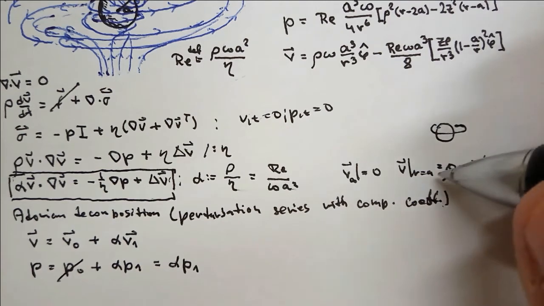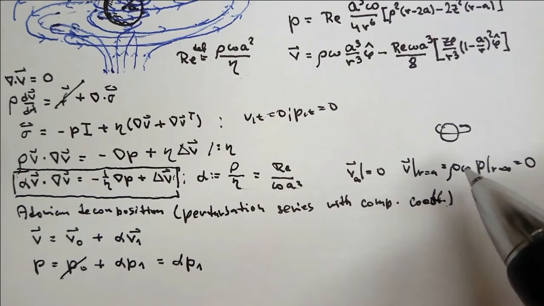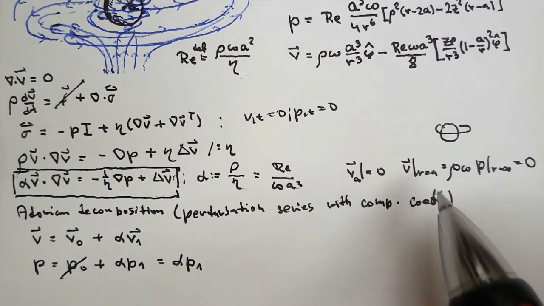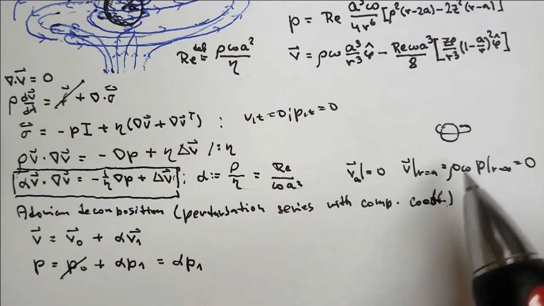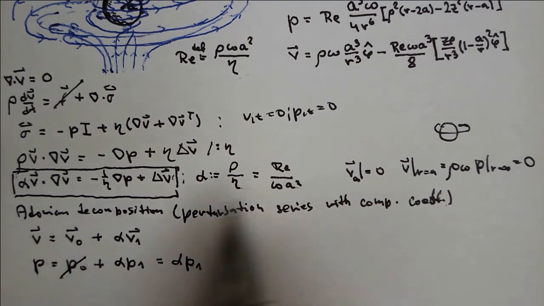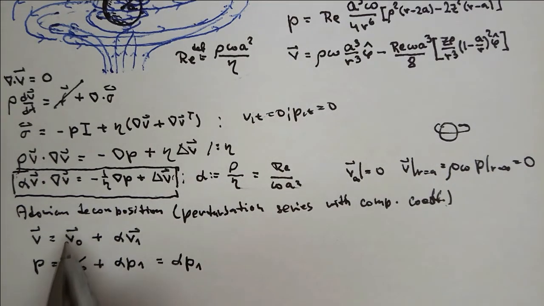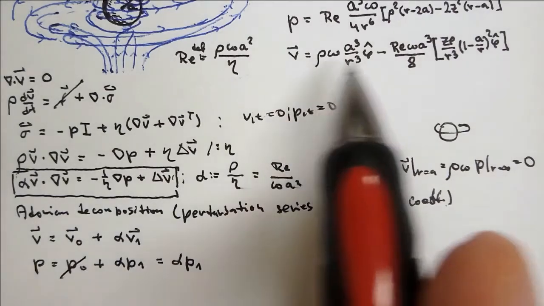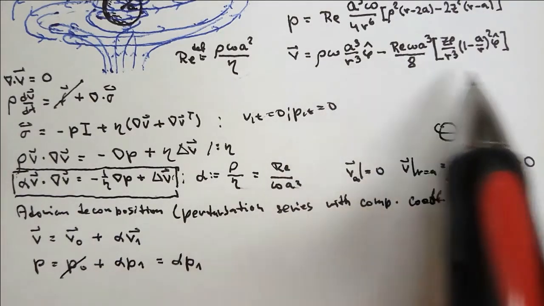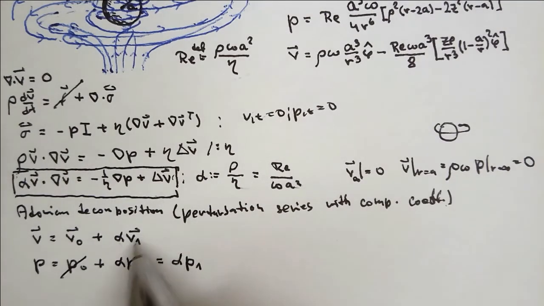This is the common formula from mechanics, from the first class of high school or something like that, even elementary school. Next, we will stick with this boundary condition for v, and these are satisfied for v0 because v0 is the solution for the non-perturbed problem. So this must be 0 at r equal to a.